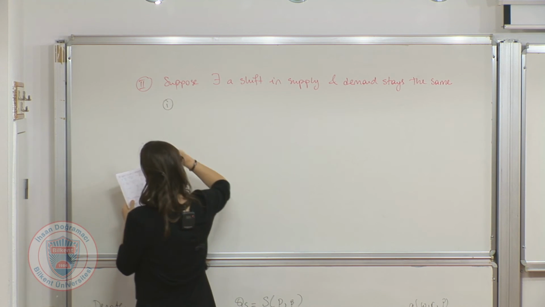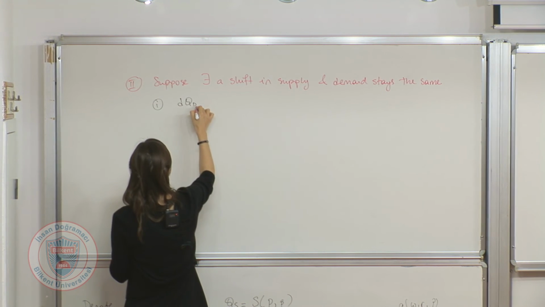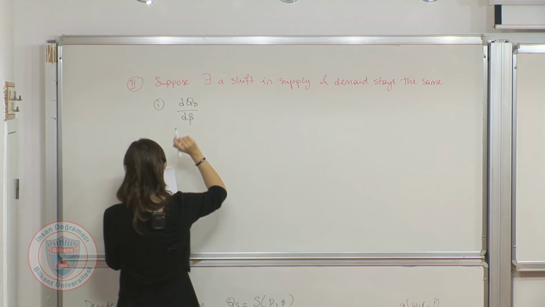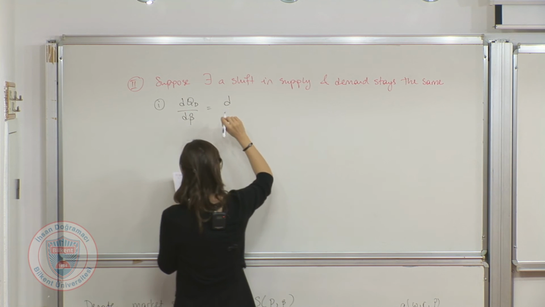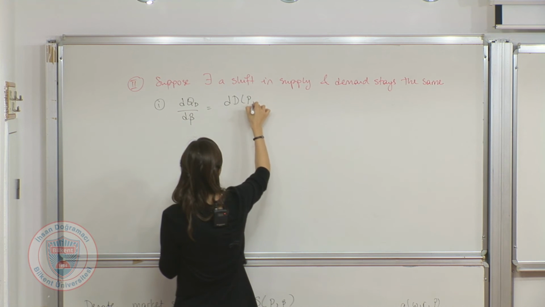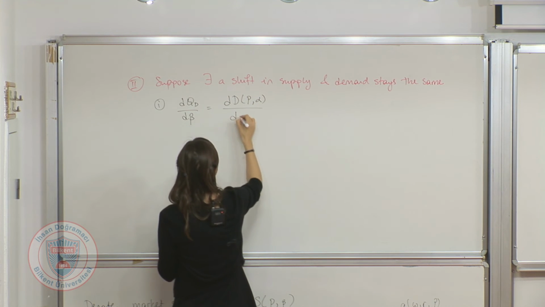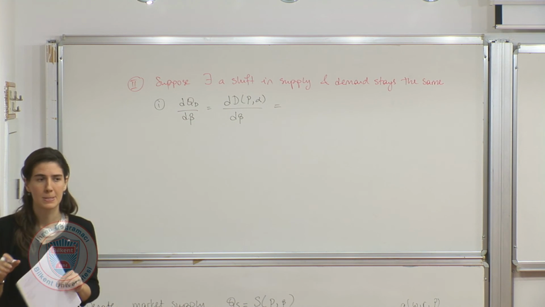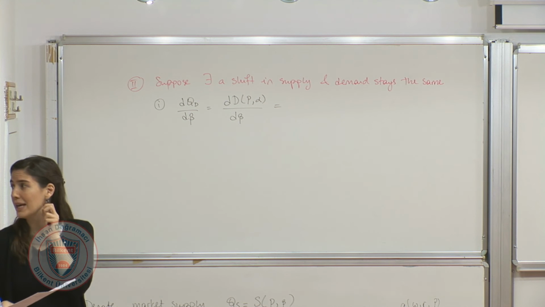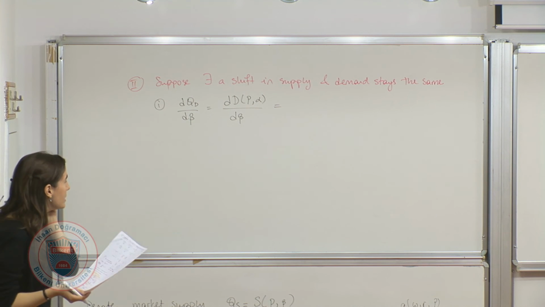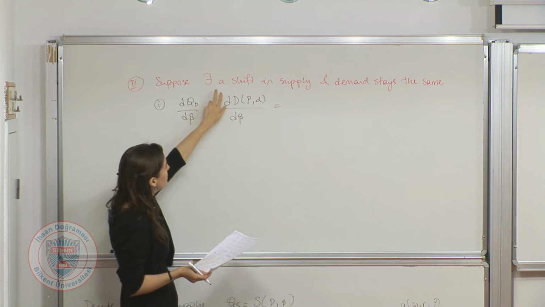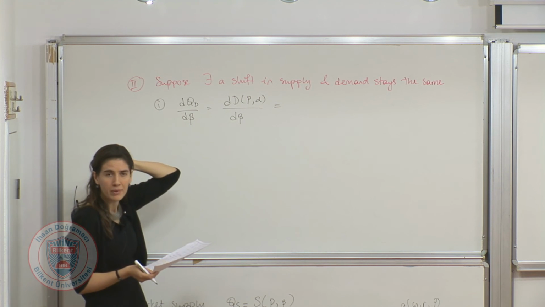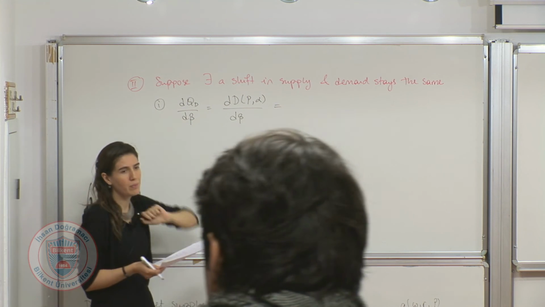So let's do this by similar logic, right? dQd d beta. Let's put it like this, dP d beta. So how shall I get this one? Suppose there is a shift in supply, but demand stays the same. Remember, this beta was a supply shifter.